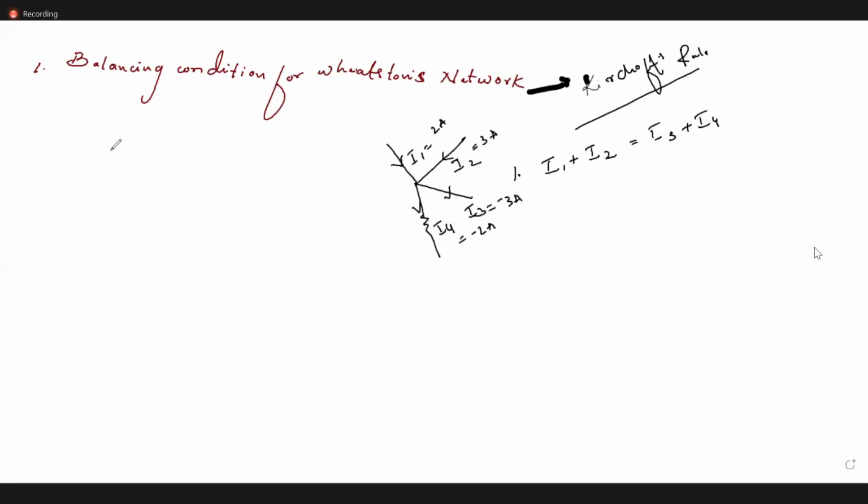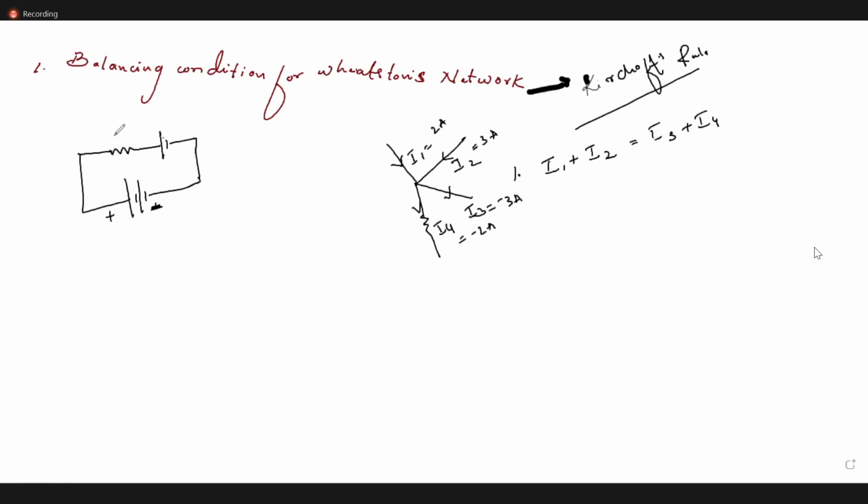Now let me take one resistor and one cell. If I want to find the total electric potential in a loop, it should be a closed one.